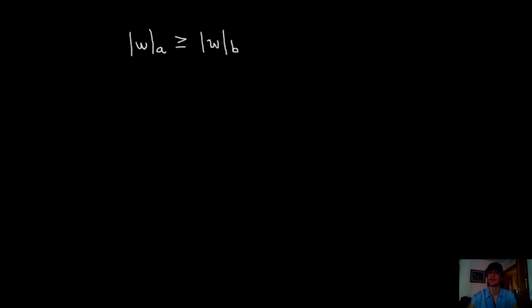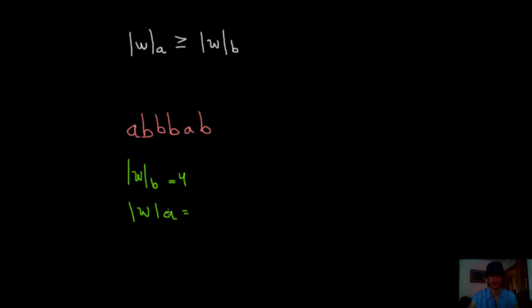Let's consider now this other word, the word A, B, B, B, A, B. Okay? So if we count up how many A's and how many B's we have in here now, we see that we have a total of 4 B's, right? And a total of 2 A's.